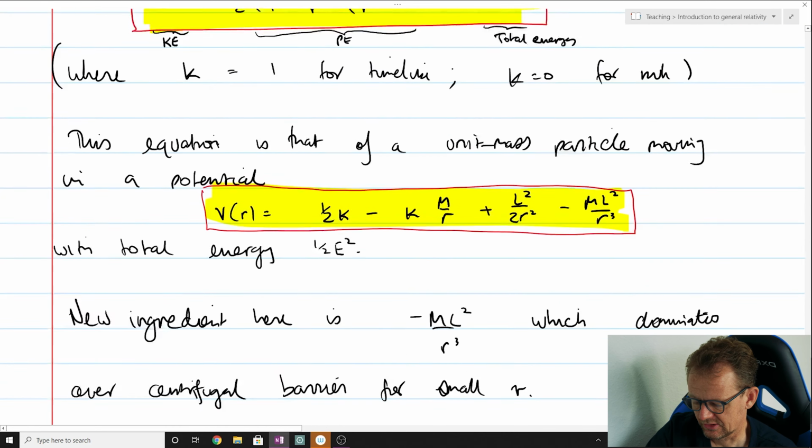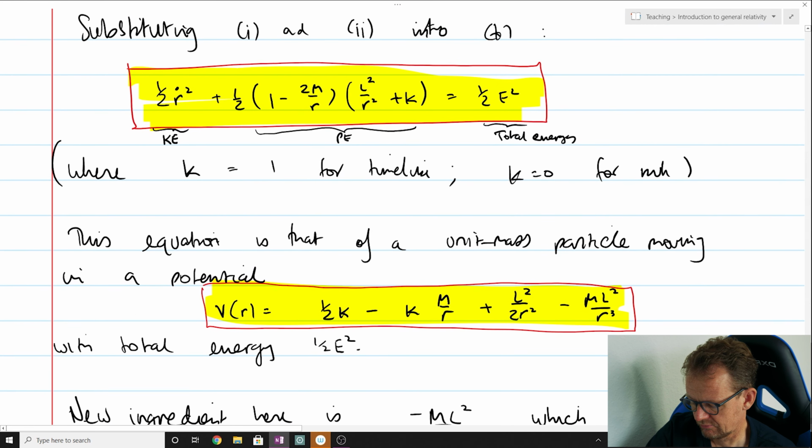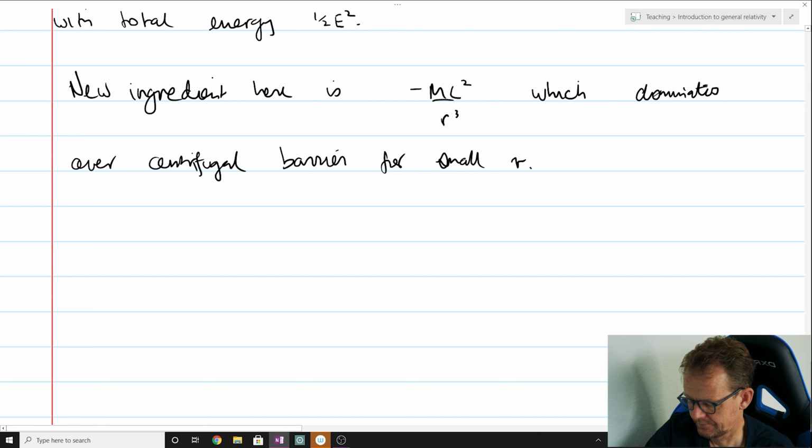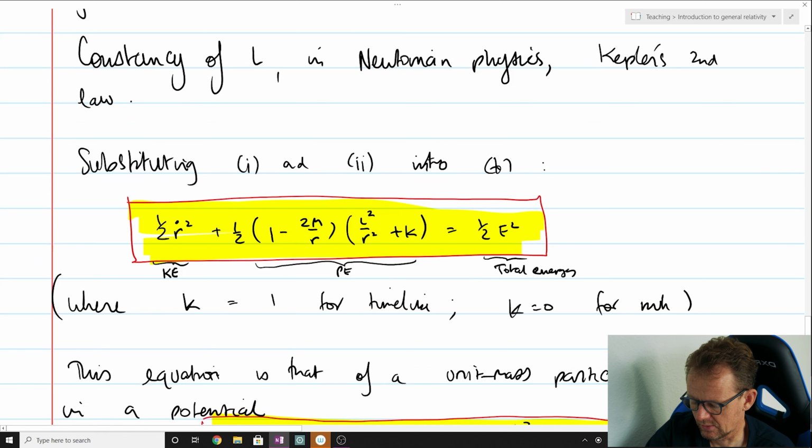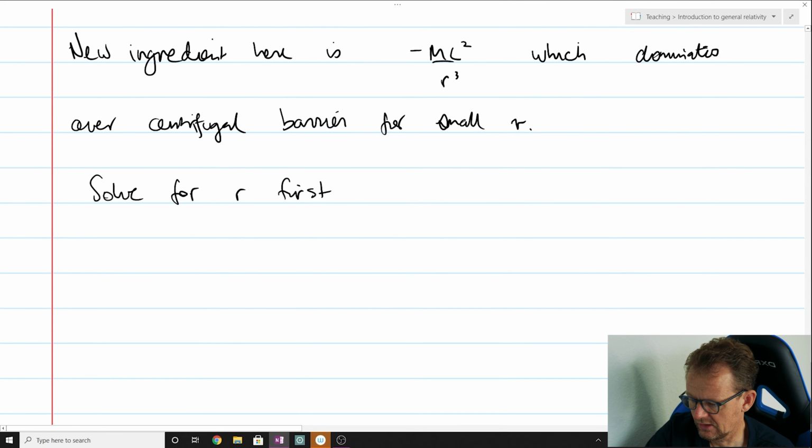So now the goal is to solve all these equations. Well, we're going to solve for r first, right? And we can do that because it's really quadratures now. So if we take a look at the radial equation, you've got a first derivative of r. It's got the classical kinetic plus potential energy structure. We can just integrate this equation.